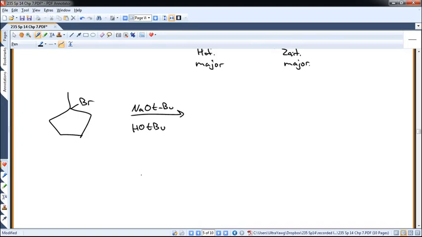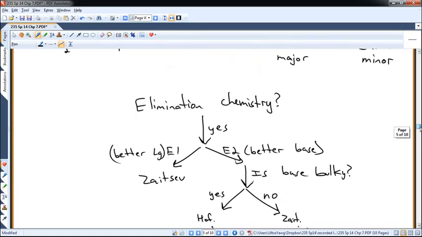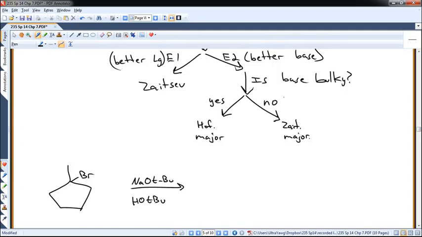And I say, give me the product. You should realize, if we go to our decision tree, am I doing elimination chemistry? Yes, because I have a strong base. Is it E1 or E2? Do I have a better leaving group or a better base? Well, t-butoxide is a pretty good base. Bromine's a pretty good leaving group, but t-butoxide is a better base than bromine is a leaving group. So we'll do E2 chemistry. Is the base bulky? Yes, it's a fat guy.